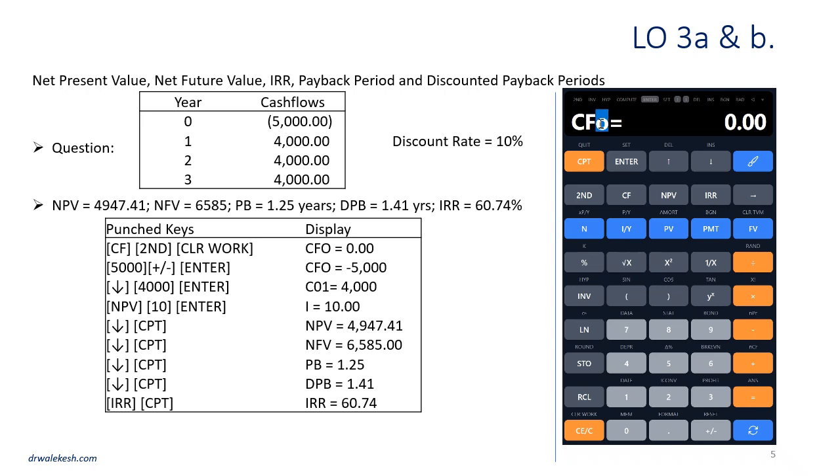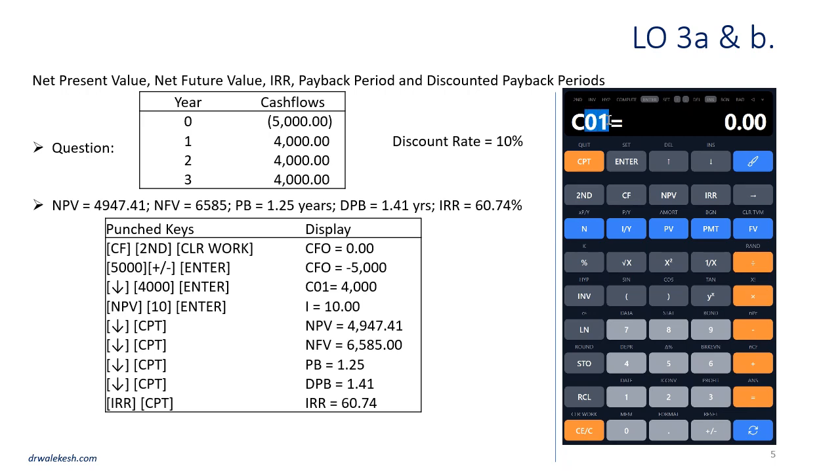What is the cash flow in year 0? The cash flow in year 0 is negative 5,000. So it is 5,000, then minus, then enter. Then we can press arrow down.